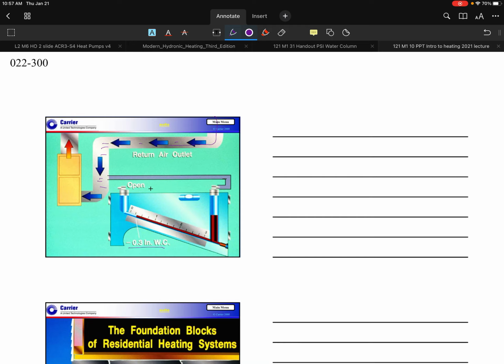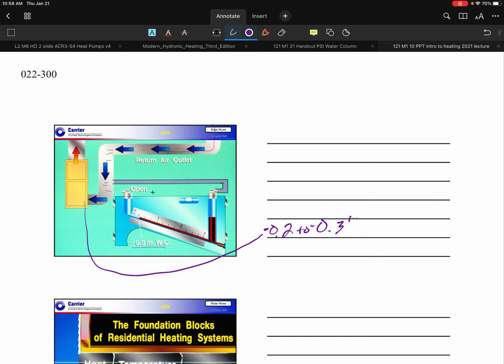So just to finish up here a little bit, in a real life system, it would not shock me to see 0.3 inches of water column here on a fairly good system. So I'd like to see, of course, negative 0.2 to negative 0.3 as a very acceptable pressure in our systems.